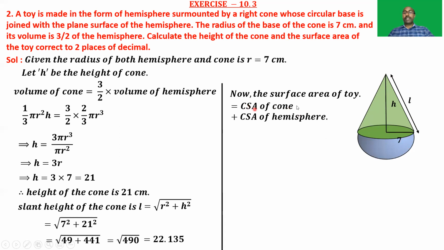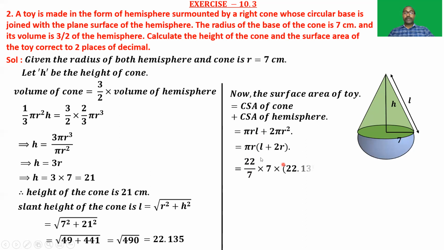And we know that curved surface area of cone is pi rl and curved surface area of hemisphere is 2 pi r square. So now taking pi r common, pi r into L plus 2r. Now substitute pi is equal to 22 by 7, r is equal to 7 and L is equal to 22.135.